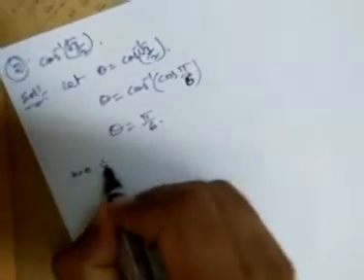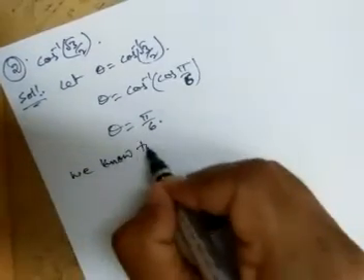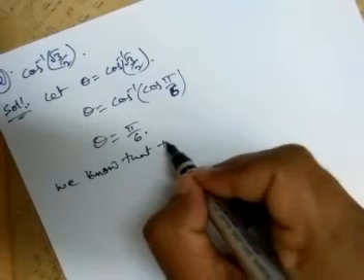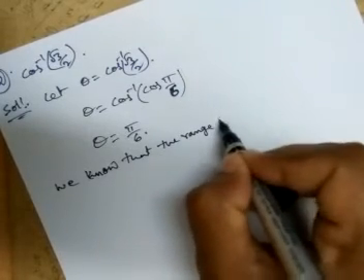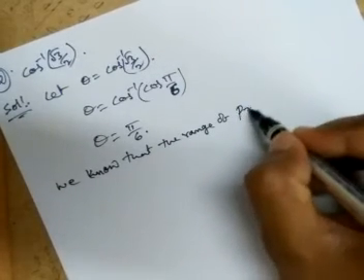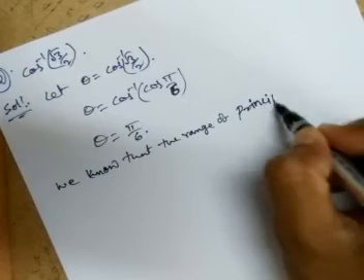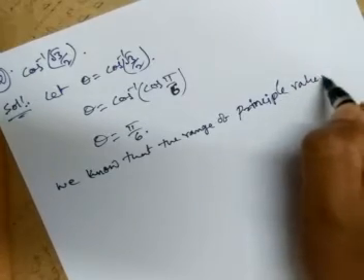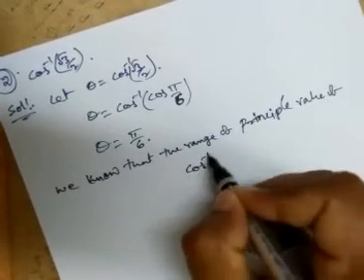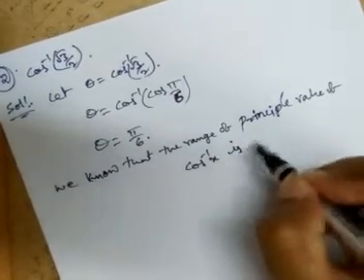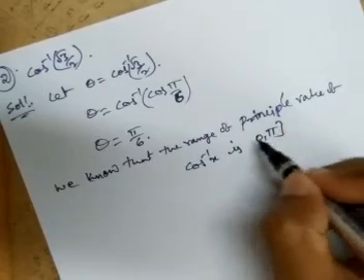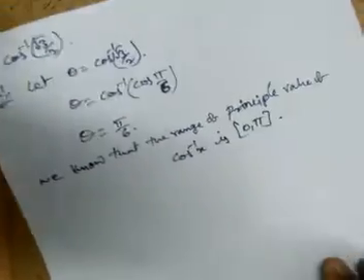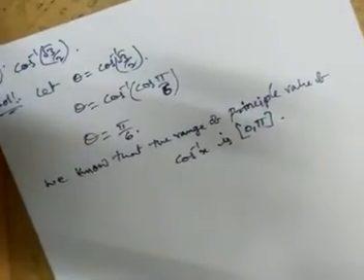We know that the range of principal value of cos inverse of x is 0 to pi. The range of cos function is 0 to pi.